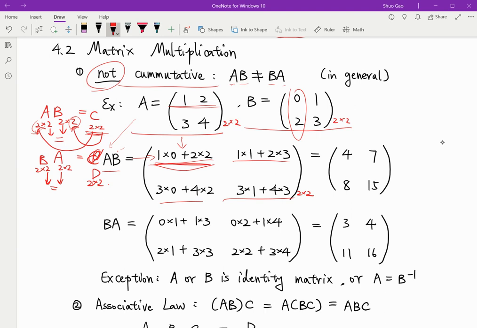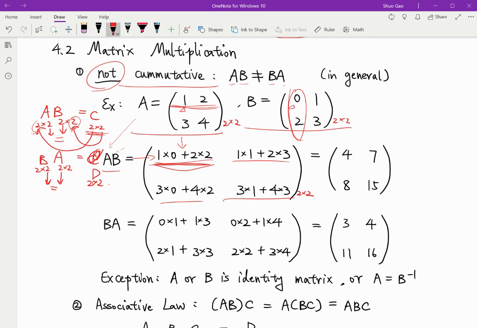Actually, it's not the first row times the first column. It's called the inner product. And the way we calculate it is to multiply the corresponding elements and then add them together, right?